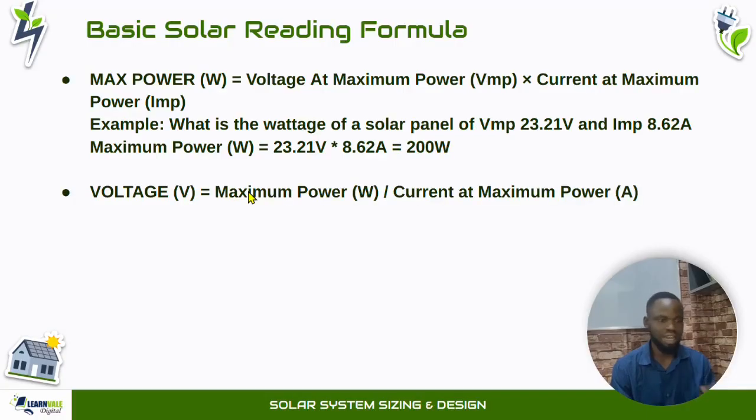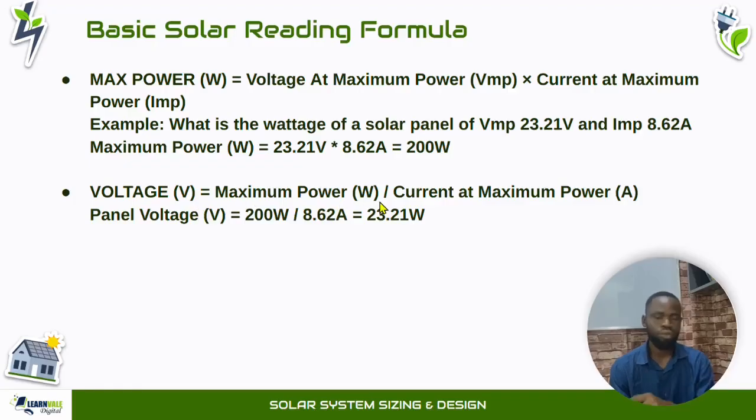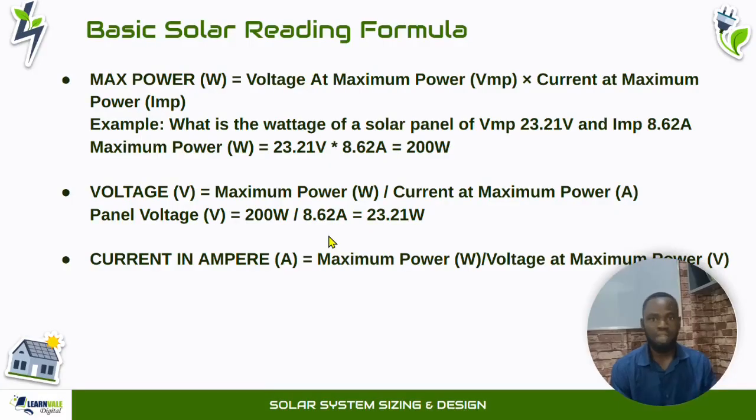Now let's take another example. Let's look for voltage. Let's say they gave you the wattage, and to get the panel voltage, you divide the wattage by the amp. Same thing if they give you the current of the solar panel. Say they gave you the wattage and the voltage, but they don't give you the amp of the current.